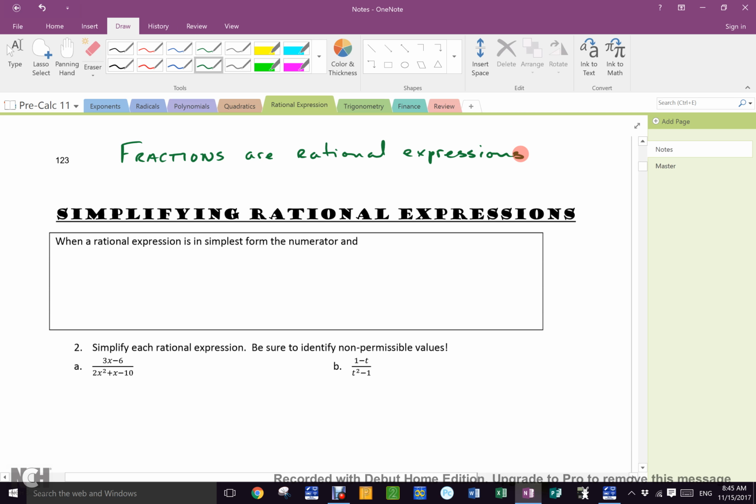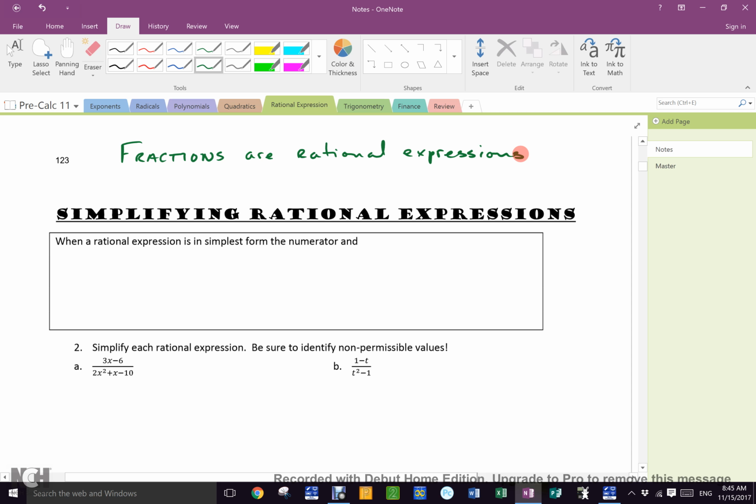Fractions are rational expressions. I know a great many of you live in fear of fractions. You run screaming from them as if they were knife-wielding murderers. You don't need to. Fractions are not out to get you. All right?